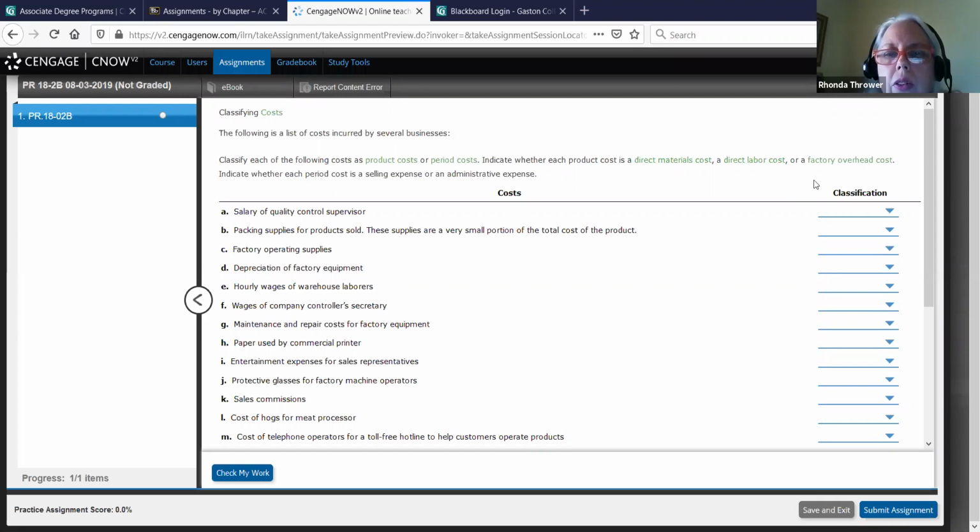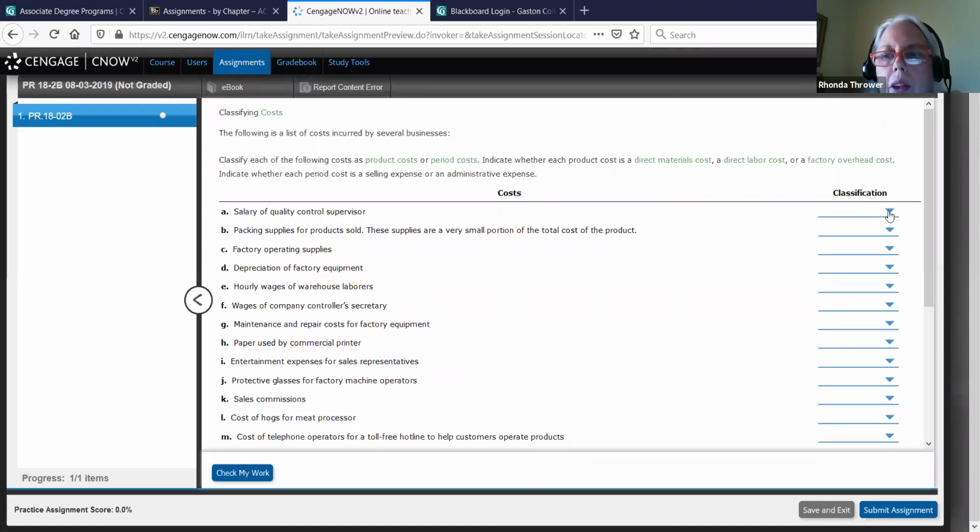I would consider this a part of factory overhead cost because I would consider the quality control supervisor a part of the indirect labor. Indirect labor is the people whom we are paying that don't actually have a hands-on effect in the manufacturing process.